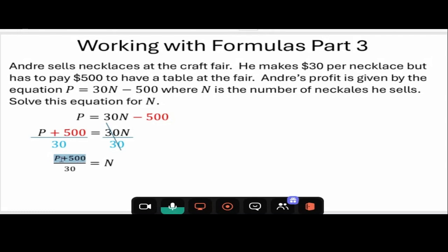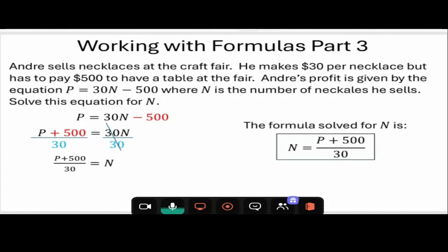If there's multiple added or subtracted pieces, you'd have to be able to reduce all of them. And that's actually a pretty common little mistake that people will make. They'll reduce when it doesn't apply. The technical way to say it is multiple terms in either the numerator or the denominator. So we've solved the formula for N.